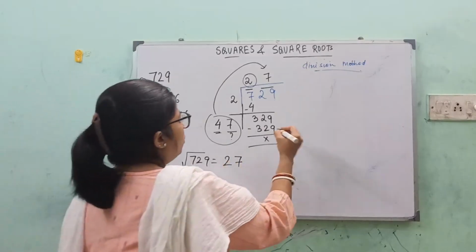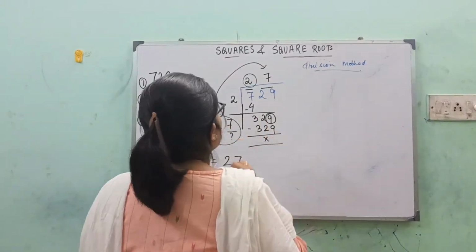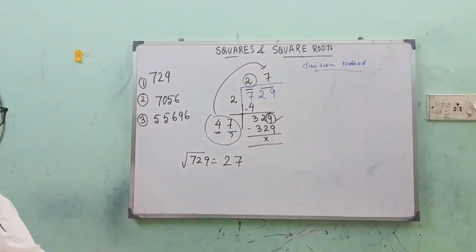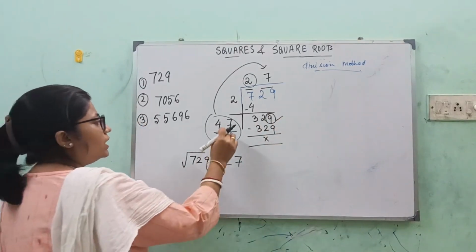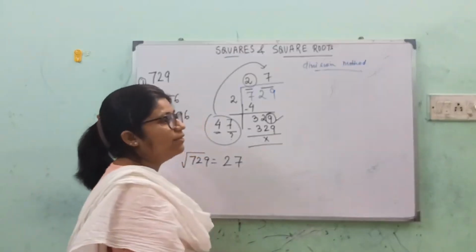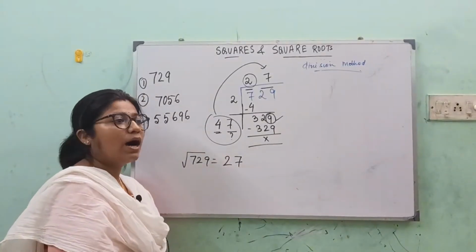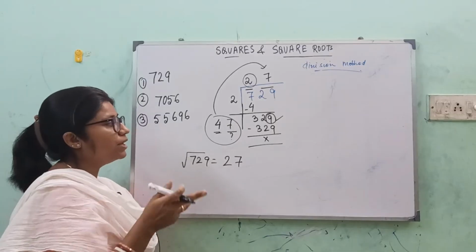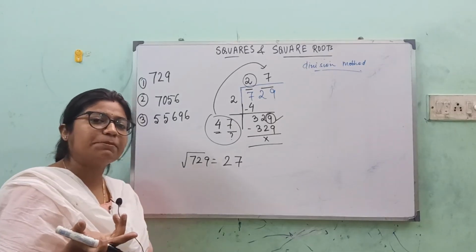Alright. So how do we decide what number to put over here? You check the last digit in the new dividend. It is 9. So you have to find what number multiplied by itself brings a 9 in the units place. Either numbers having 3 in the units place, or numbers having 7 in the units place, bring a 9 in the units place in the product.